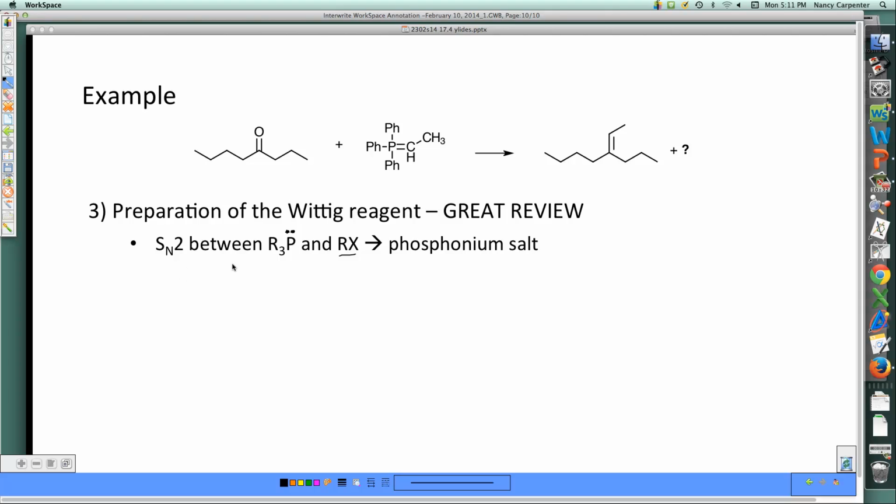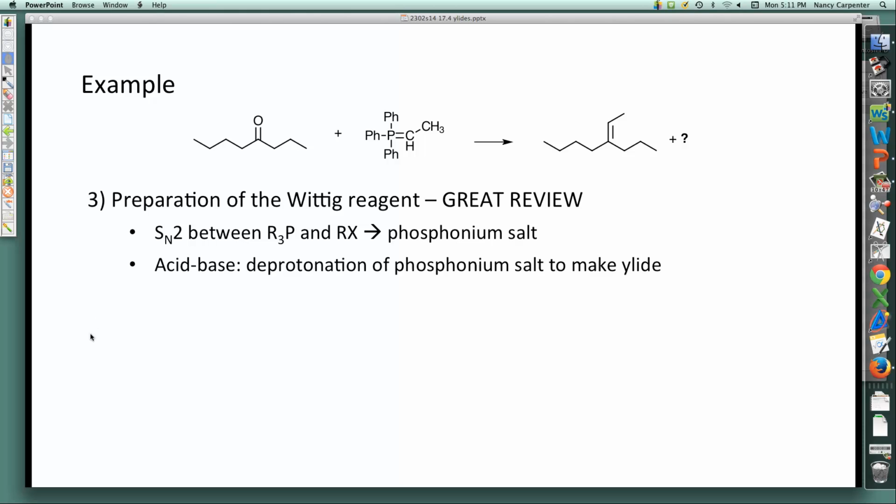So, the first step in preparing a Wittig reagent is to react the phosphine of some description. We typically use triphenylphosphine, and just do an SN2 with an alkyl halide. Then, in a second step, you take that charged species, the phosphonium salt, and deprotonate it to make the carbanion that is the ylide.